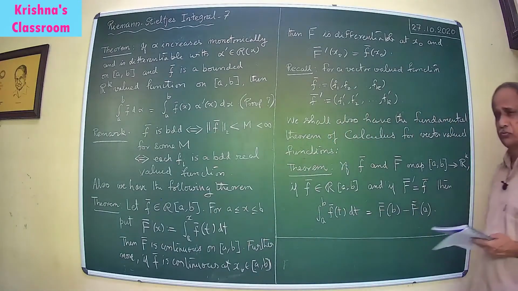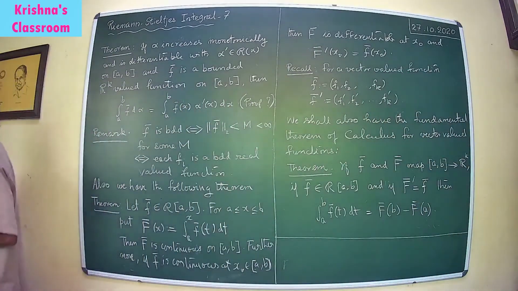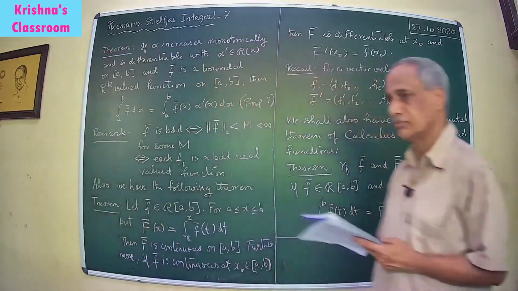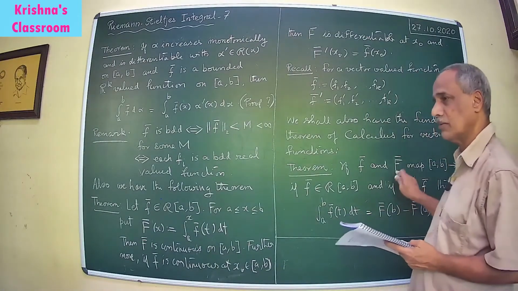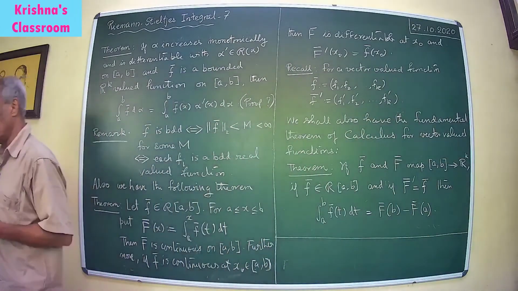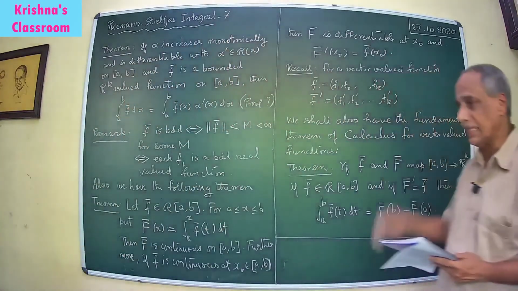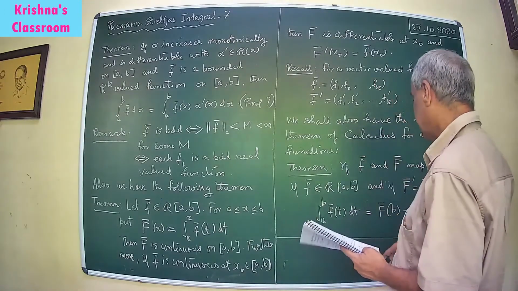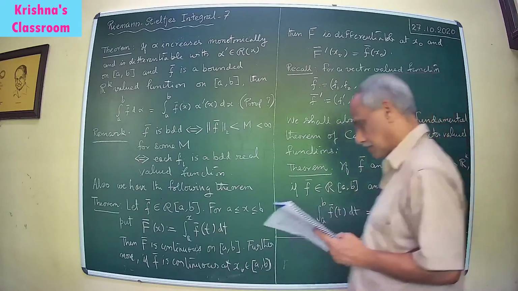This again, the proof just uses the application of the fundamental theorem of calculus to each one of the component functions. Because you can see that if f is a vector valued function, then capital F bar is equal to capital F1, capital F2, etc., capital Fk. Then you can connect capital Fj with small fj, which is the jth component of small f bar.